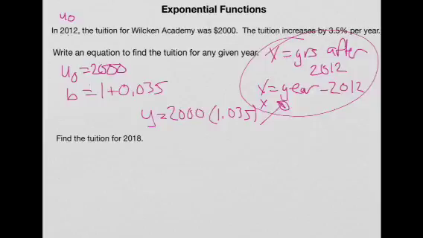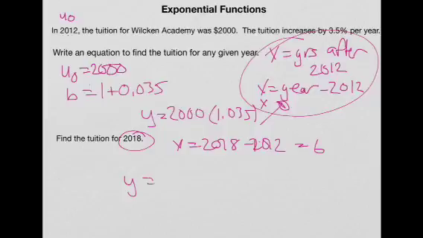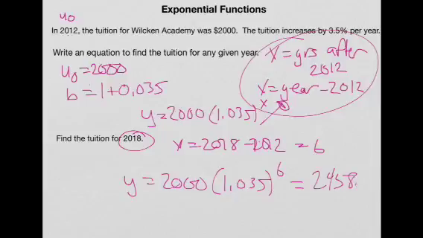So when I get to the second part, in 2018, x is going to be 2018 minus 2012. And that's going to give me 6. So I can say y equals 2,000 times 1.035 raised to the 6th power, which will again give you that same value, 2,458.51.